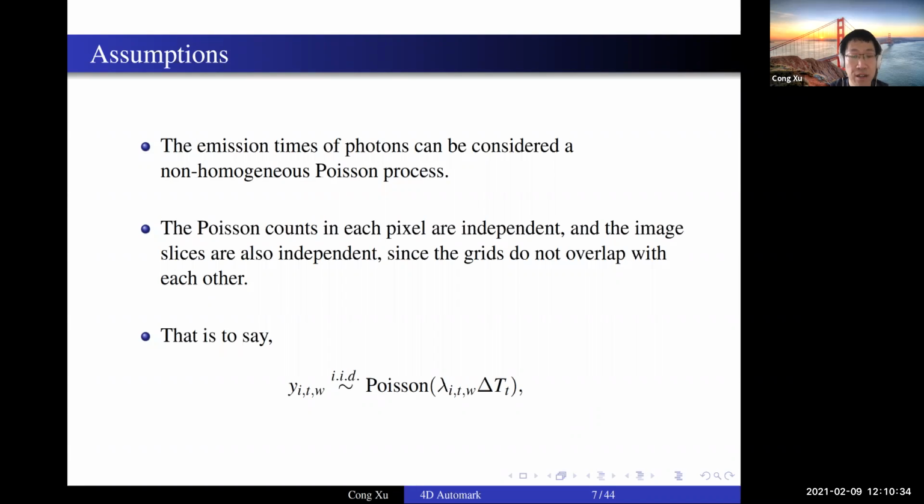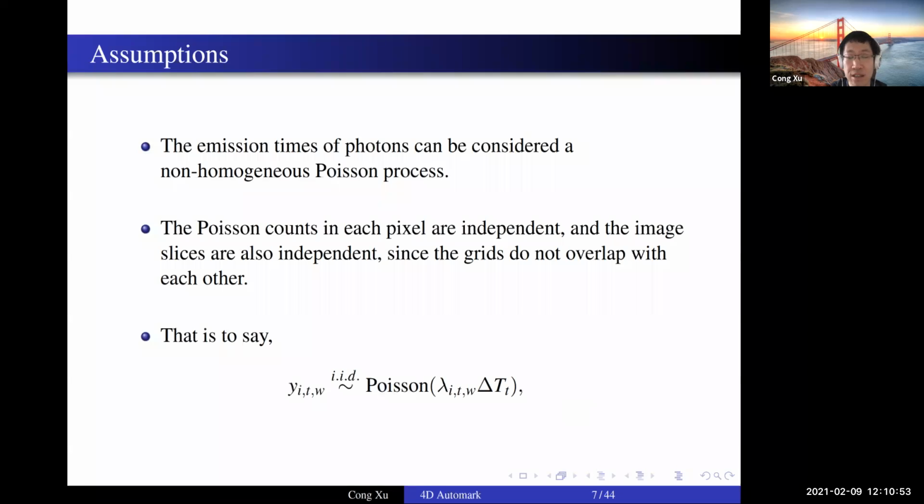So for all these pixel values, we denote them by Y_{itw}. Here i denotes the index for the location; we just use one index instead of two to denote the spatial coordinate.